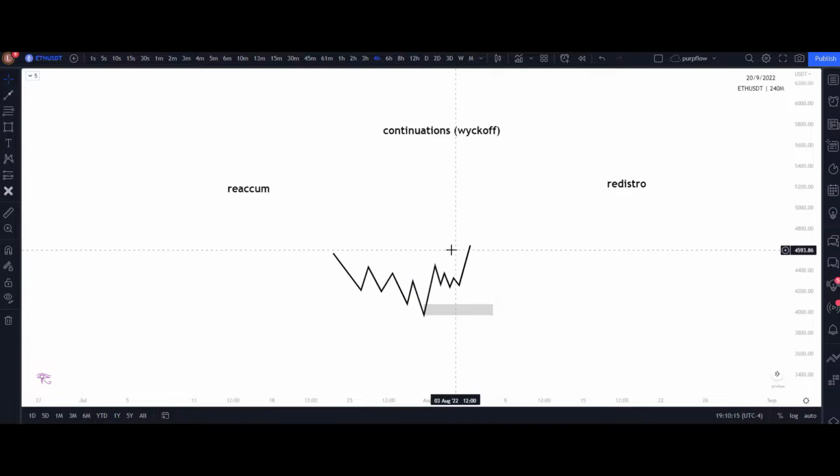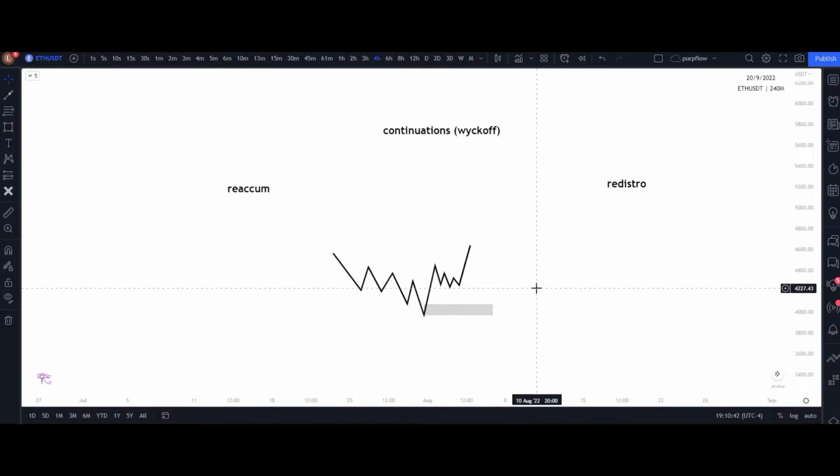We need to understand the continuation that happens. Now that we have this break of structure to the upside, the higher low can be formed within this entire area. So we look for the demand within this entire area, and if it does not mitigate it and it shows this reaccumulation behavior, reaccumulation is the creation of demand. So we are actually creating demand within this area by liquidating longs and breaking structure to the upside.